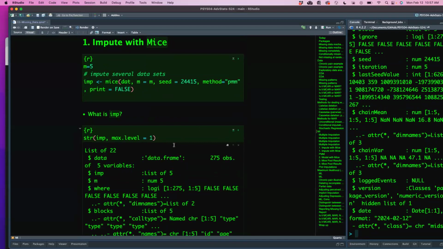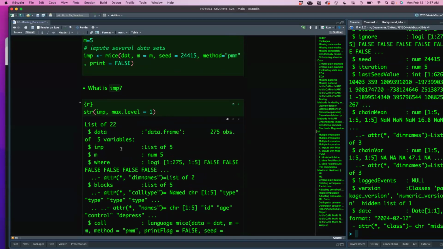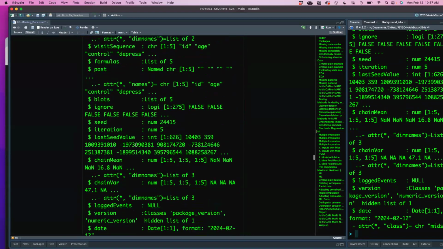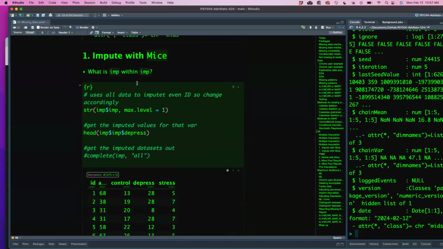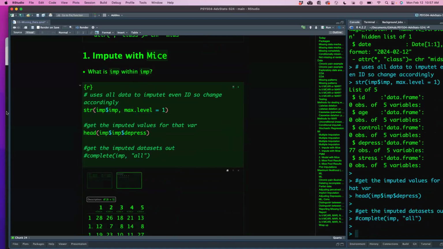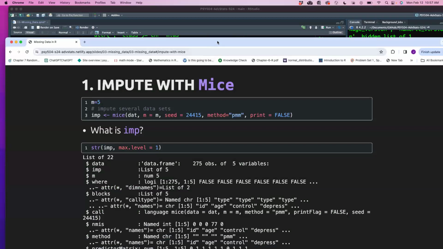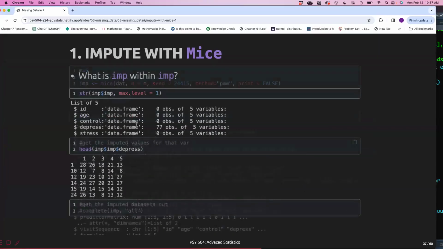So if we look at the imp object here, there's a whole bunch of stuff there, right? What I really want to look at is imp within imp. If we look at that, we see a whole bunch of objects that are data frames. And we see that we have each of our columns here: ID, age, control, depress, and stress.